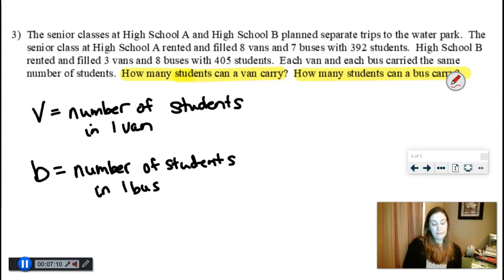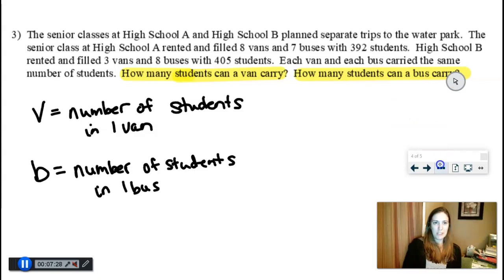So most often a child would make a mistake on this question because they would say like V equals vans, and that's not specific enough. So then I'd say be more specific, and then they say V equals number of vans. And then I go, well, that's just not right, because we know the number of vans. What we don't know is how many students are in each van.